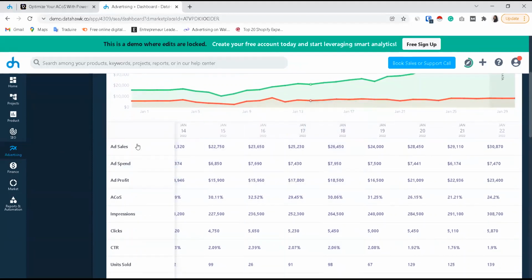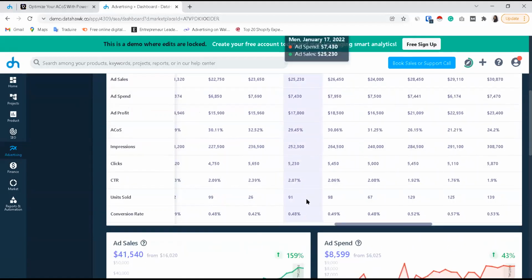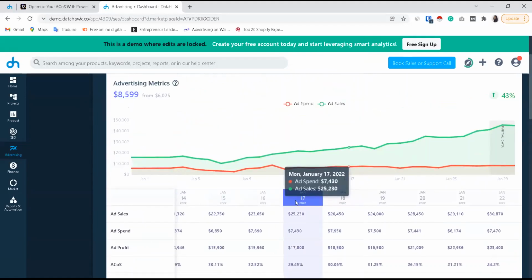So you see ad spend, ad sales, and ad profit. We're talking about ACoS, of course, but having all of these things in one place helps you correlate what is happening with your ad spend.